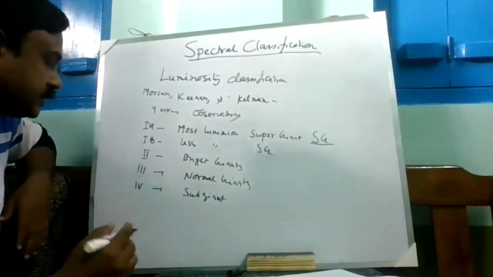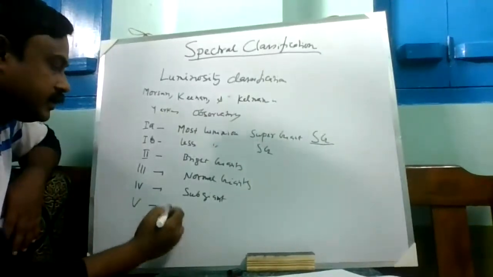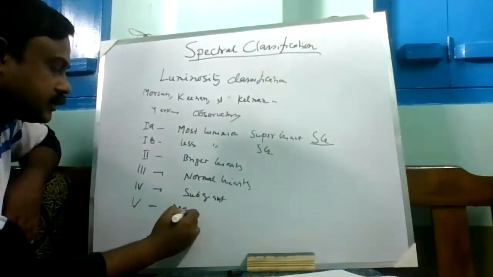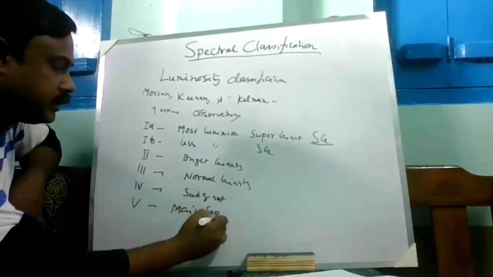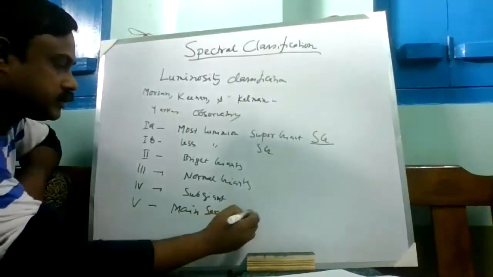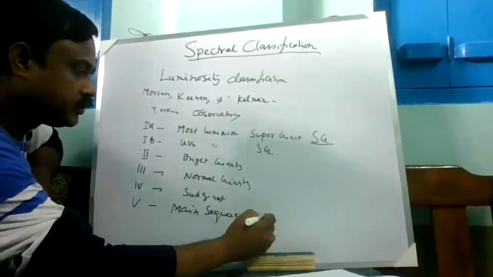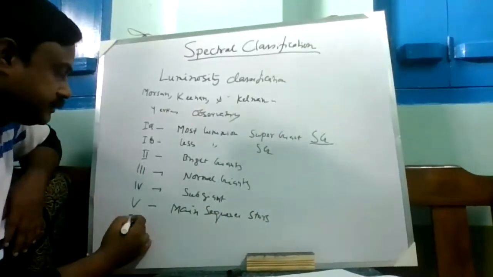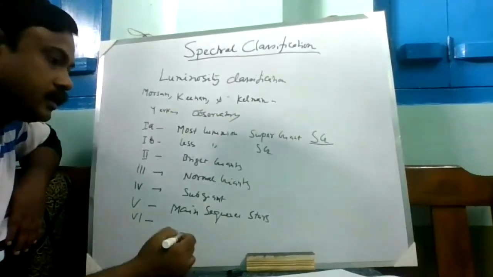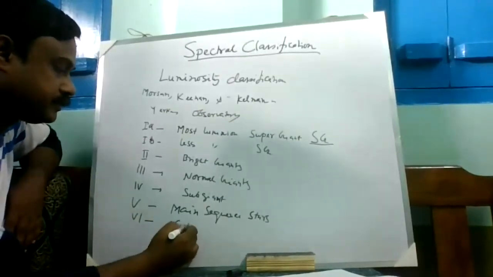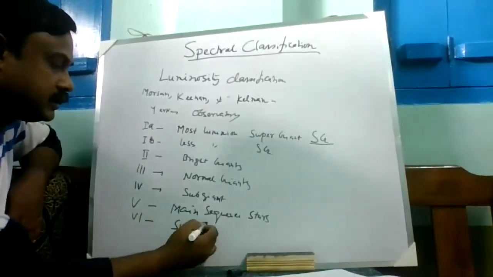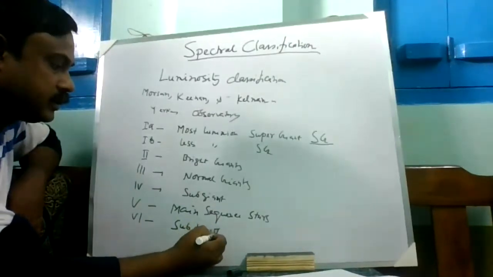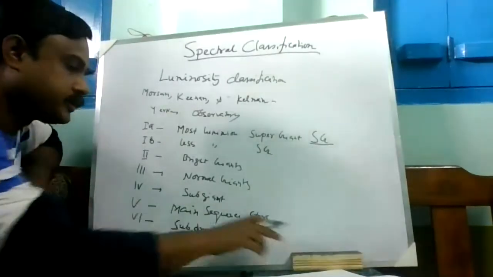Then five, these are main sequence stars. What main sequence stars are will be clear very shortly. Then six, subdwarfs. These are stars between the main sequence and white dwarfs.